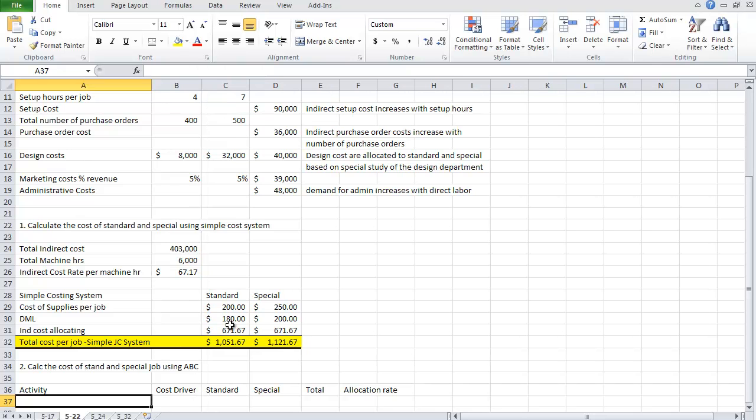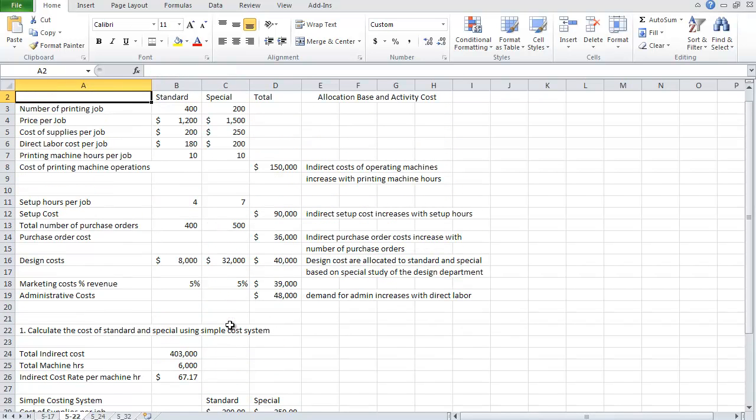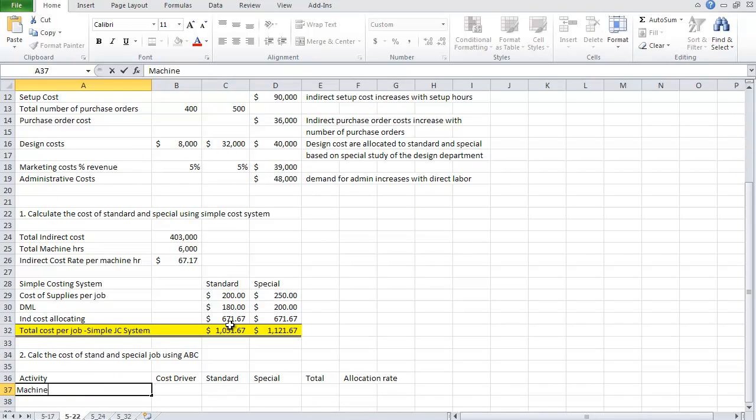So in this particular case, we have machine operations. So again, if we sort of look up to the different kinds of things that we're looking at, we have the cost of machine operations. So let's do that first. So we're going to take this and call this machine operations.